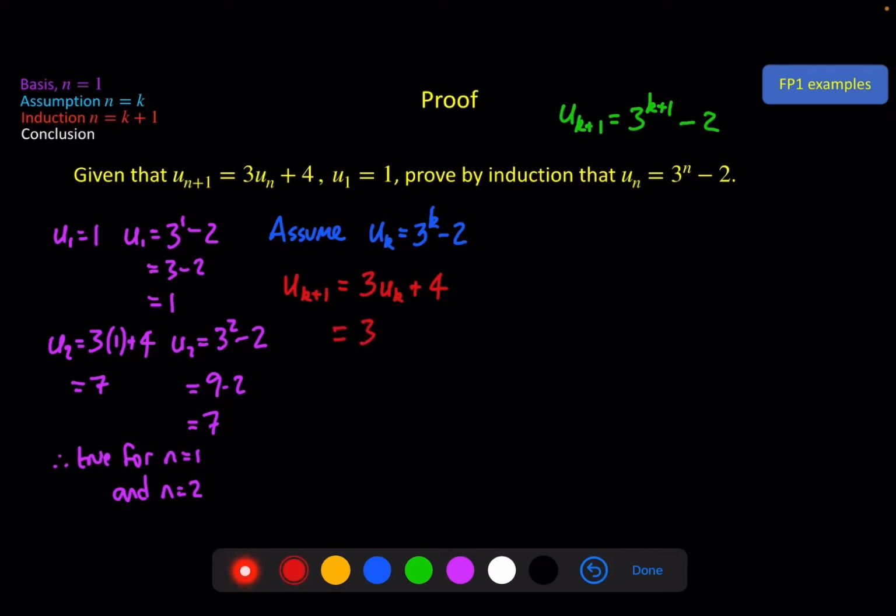So I just go ahead and put that in. 3 times (3^k - 2) plus 4, expand this out. We get 3 lots of 3^k, minus 6 plus 4, and using my indices rules, I can put that 3 into 3^(k+1), and minus 6 plus 4 is obviously minus 2. So we can say that if this statement here is true, then this statement is also true.